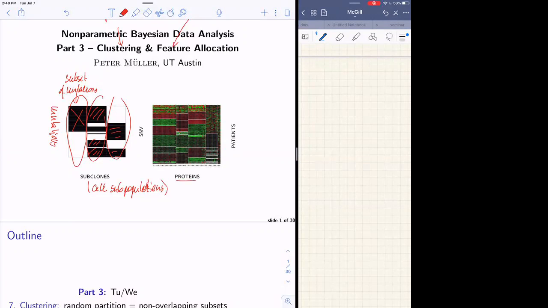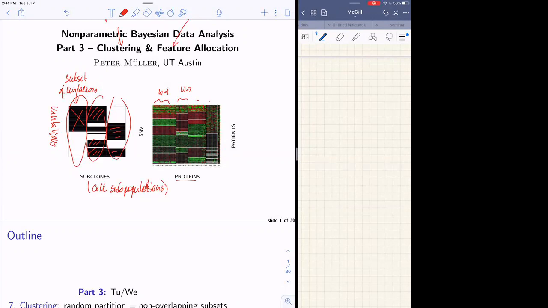To start with, we're just clustering proteins. So here is one cluster of proteins. Let's call it W equal 1. Here's the second cluster of proteins. Just focus on the horizontal axis for a moment, yeah? And so on.